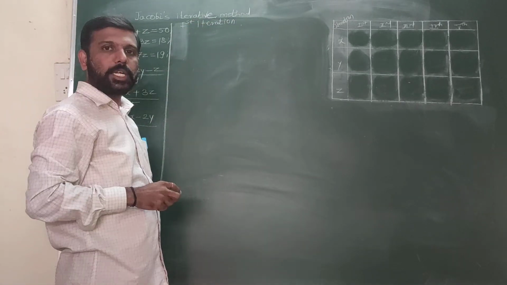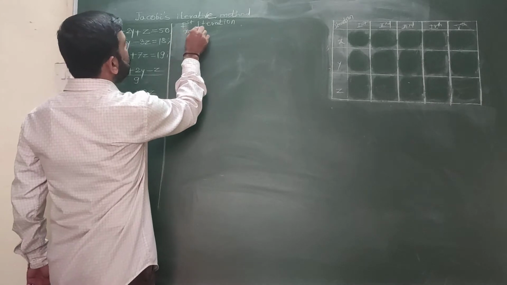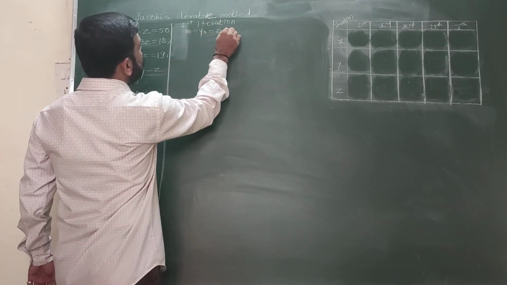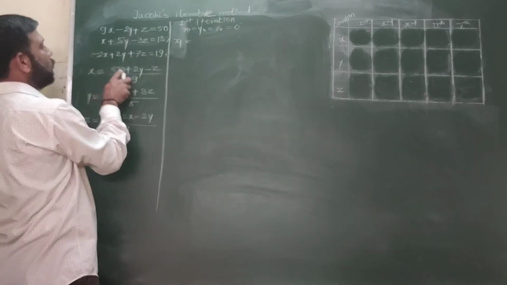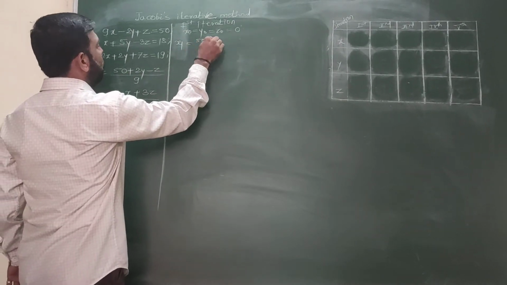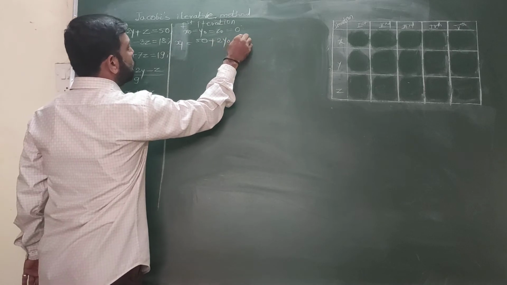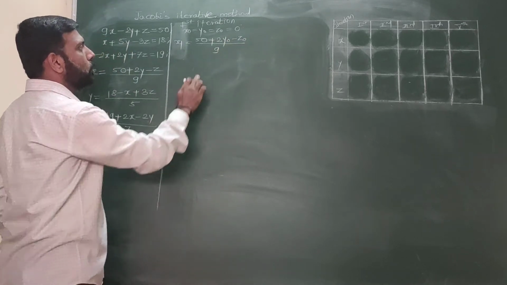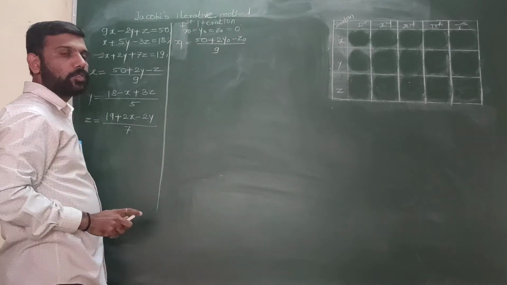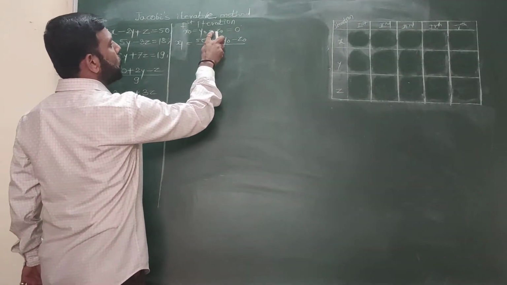For the first iteration, assume x0, y0, z0 is equal to 0. Then we calculate first x1, 50 upon 9, because the values of y0, z0 are 0.